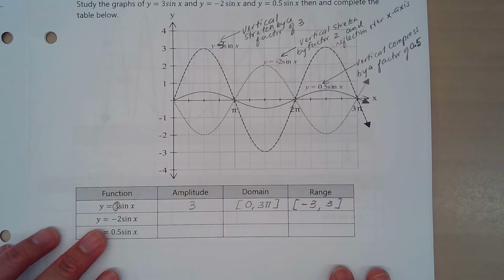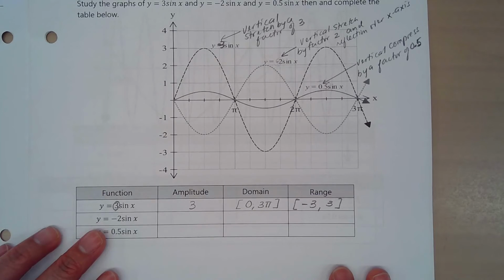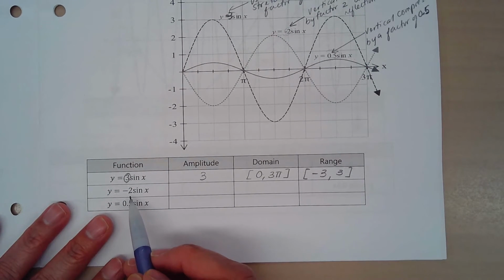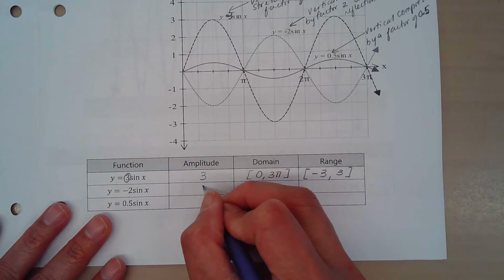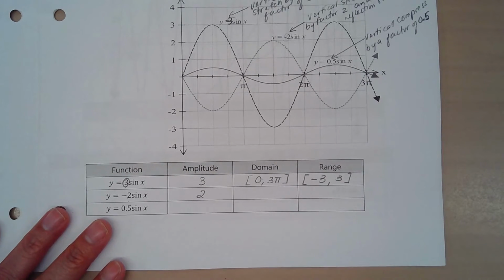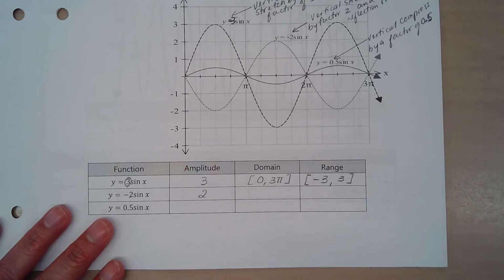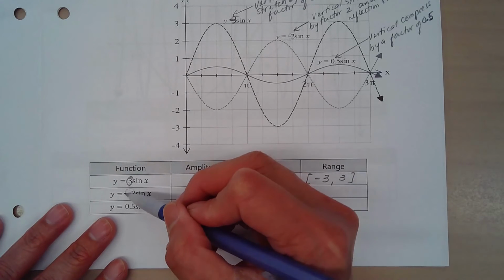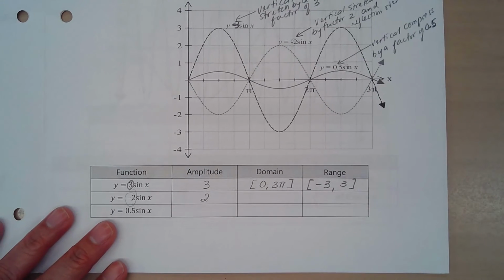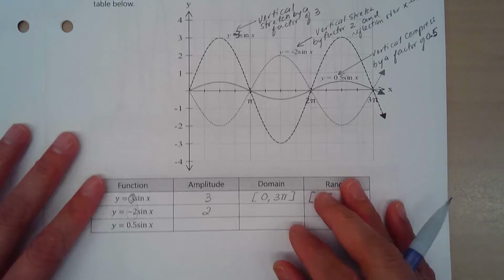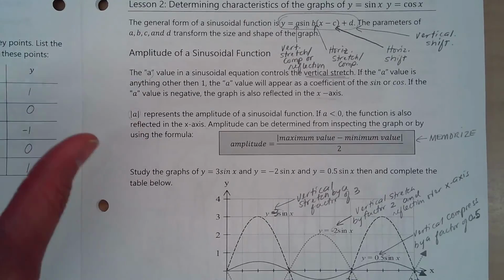Is everybody okay? This one, what's the amplitude? 2. Very nice. Were you thinking about -2 for a second? This is a tricky one because the question sometimes asks for the amplitude, and some people might say it's -2, but amplitude is the absolute value.